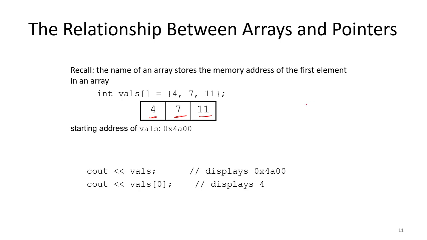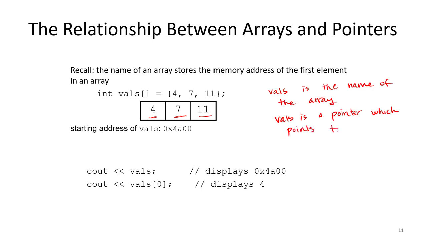You'll remember that the name vals is the name of the array, and vals is also a pointer which points to vals element 0.